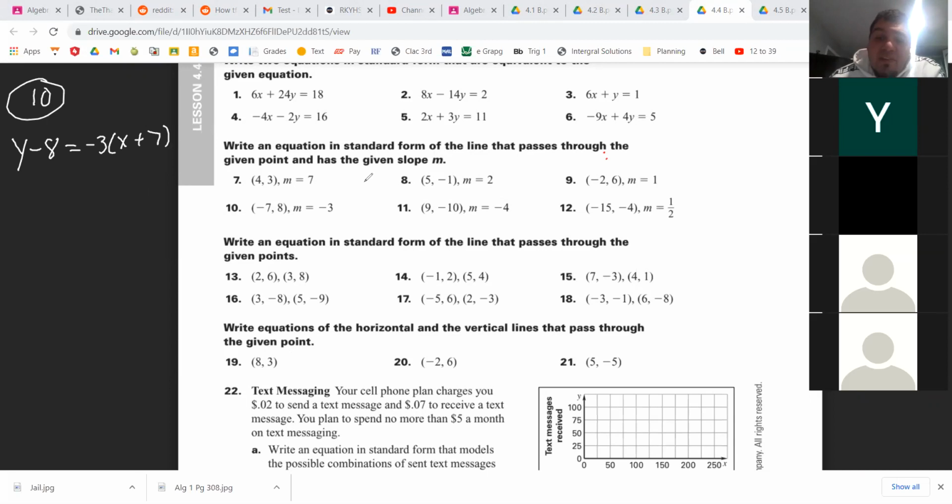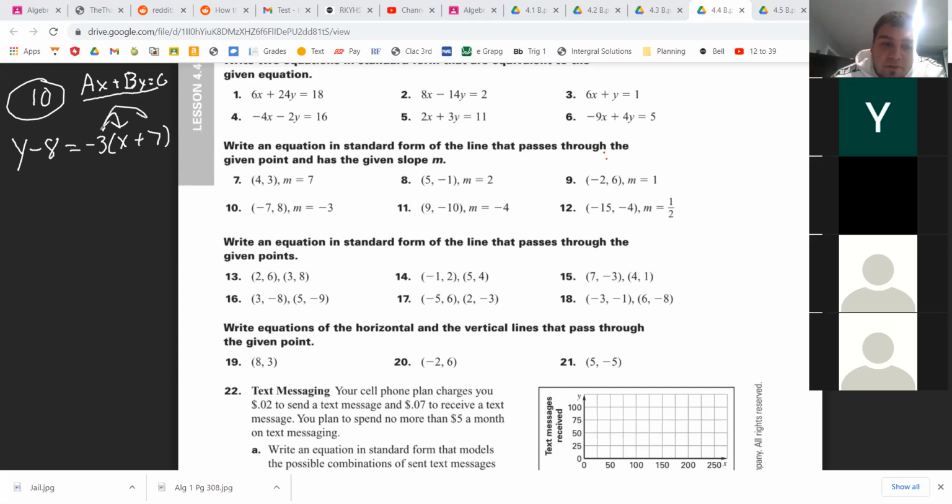Now, when you need to make it into standard form, you have to solve it so it becomes ax plus by equals c. I'm going to say the words standard form on your test, but you're not going to be given the equation. You need to know standard form is ax plus by equals c. So I have to solve it in a way where all my variables are on one side and all my constants are on the other.